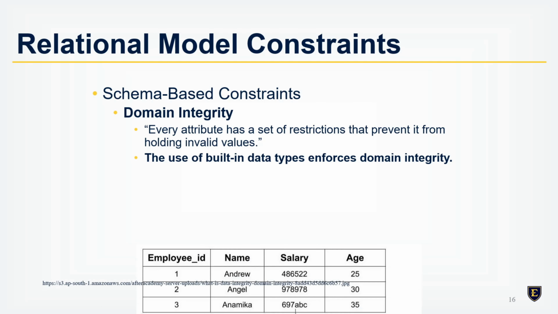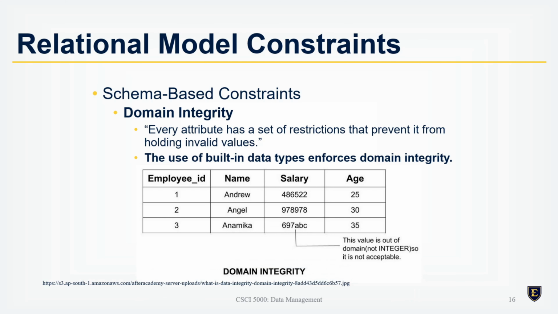So looking at an example here, we have an employee ID, that's a set of integers it looks like, name is a string, salary should be a set of numbers, and then age also should be a set of numbers. But if we notice, we have a violation of domain integrity for employee number 3.